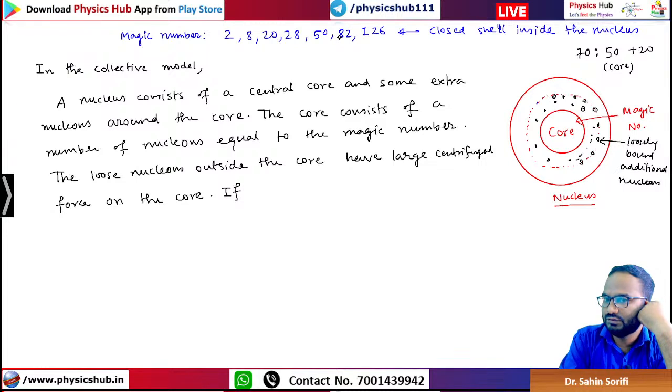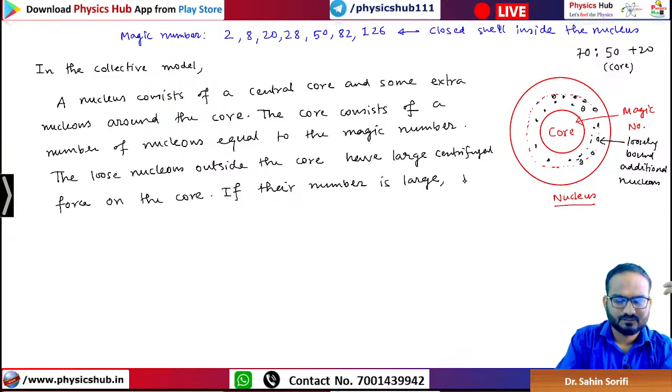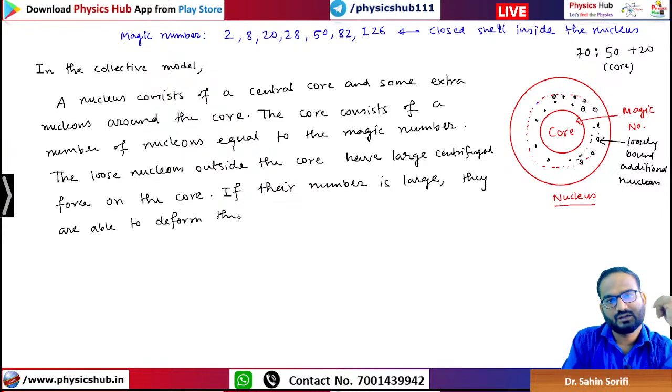Actually, as you go close to 82, the influence will become less, because we are going towards the magic numbers. The loose nucleons outside the core have large centrifugal force on the core. If the number is large, they are able to deform the core.